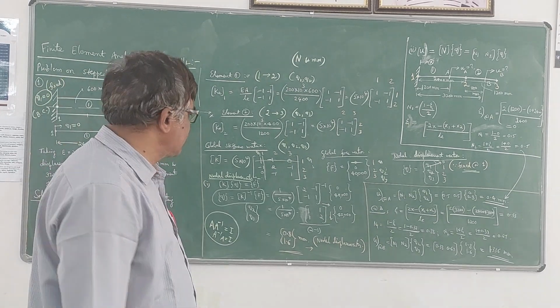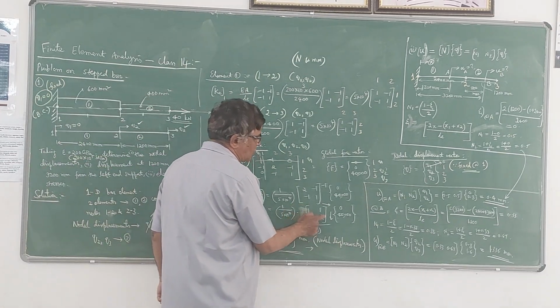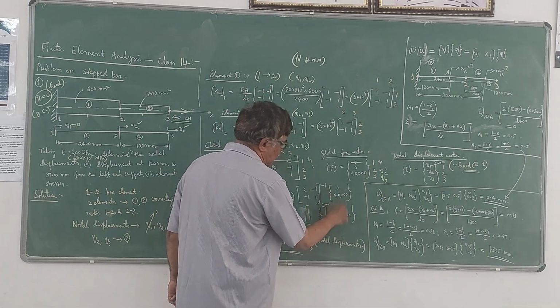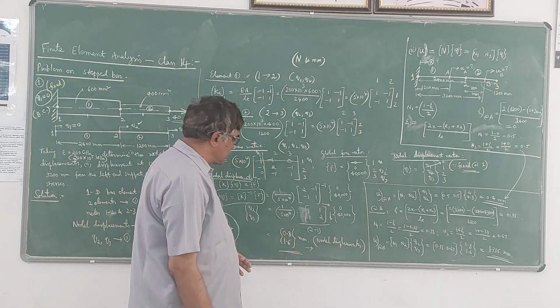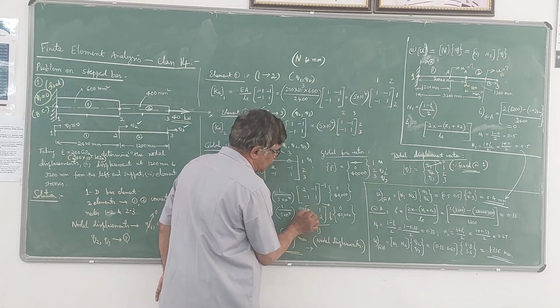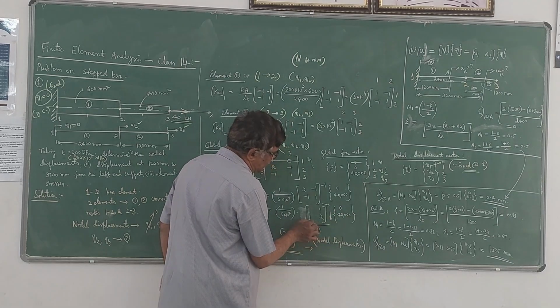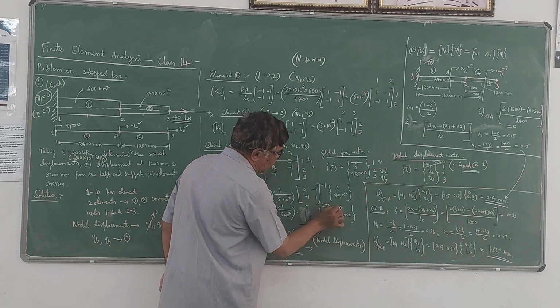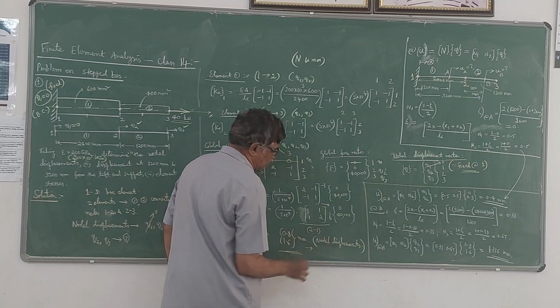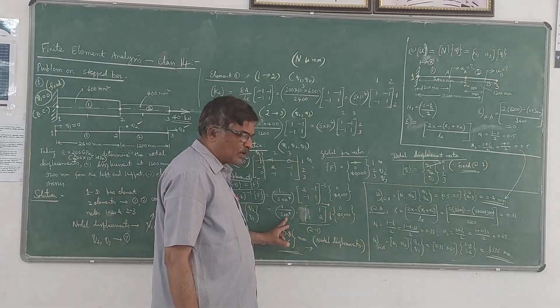Now once you get this inverse, you have to multiply that by this force vector. So you know how to multiply the matrix. Here if you multiply these two matrices, 1 into 0 plus 1 into 40,000, then the second element will be 1 into 0 plus 2 into 40,000, and once again that should be divided by 5 into 10 power 4.